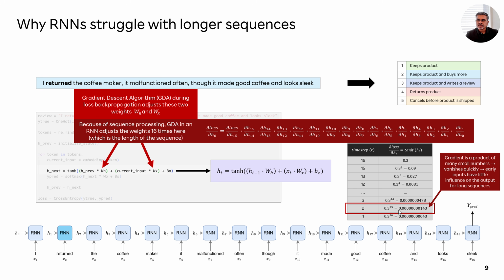As a result, the tokens in the beginning have less influence on the prediction coming out at the end. Now, this is also a very small sequence length; you're talking about 16. In real life cases, you would typically have a sequence length of 50 or 100 tokens or words, which means that at that size, your gradients essentially vanish, and the neural network is not really learning. So that is the problem of a classical RNN for very long sequences.